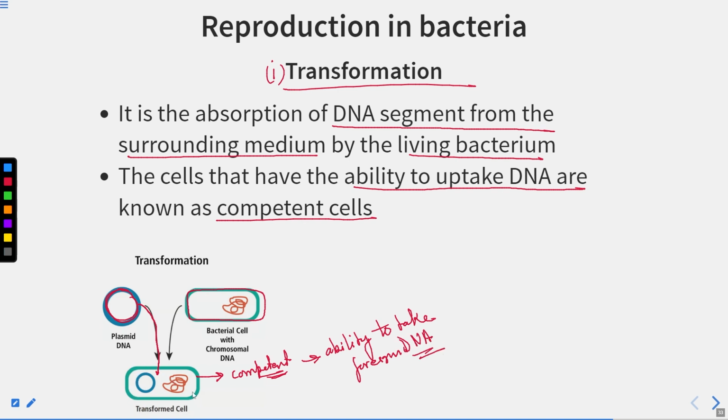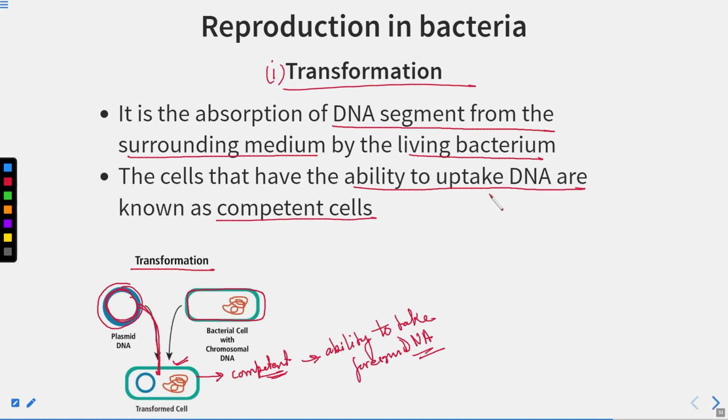So this bacterial cell is called a transformed cell, a changed cell. It is not the same bacterial cell. Now it got changed, and that is why it is called a transformed cell, right? So this is called transformation. Again, any foreign DNA that comes inside the bacteria and becomes a part of that bacteria, we can say this is gene recombination.